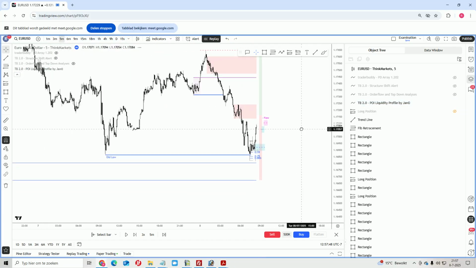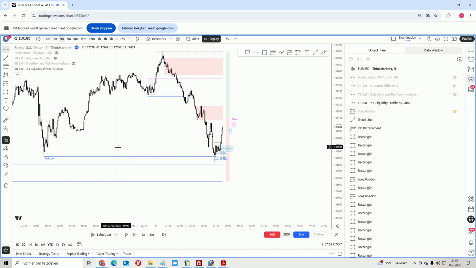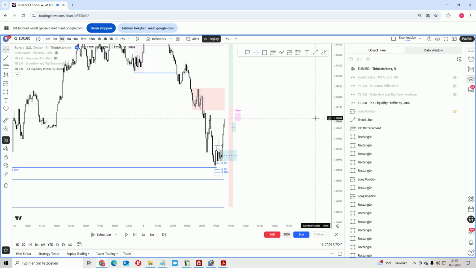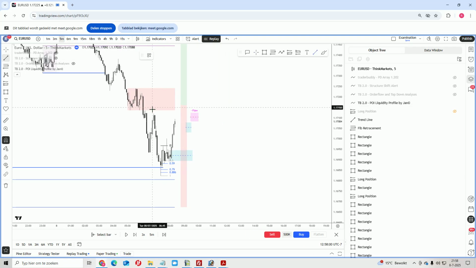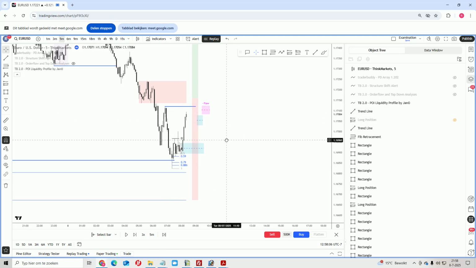Now we see, okay, we took out this old low. And where is the level on the 5 minute from where we can draw a fib? That's this level. As soon as we trade above this one, because we are here in discount.